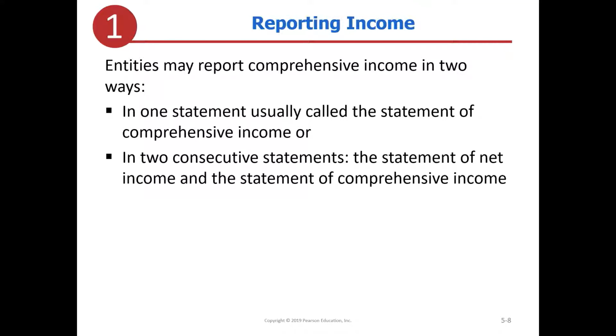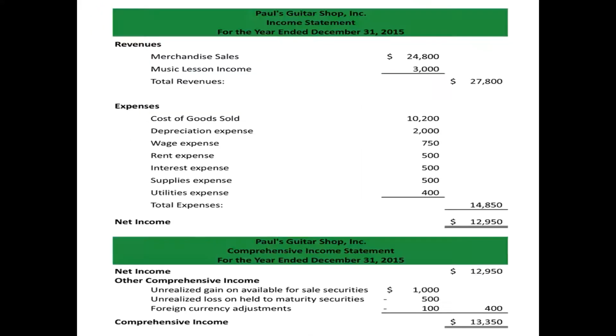Now, the computation of net income and comprehensive income are the same under either alternative. Only the format of the presentation differs. Here is an example of net income and comprehensive income statement.